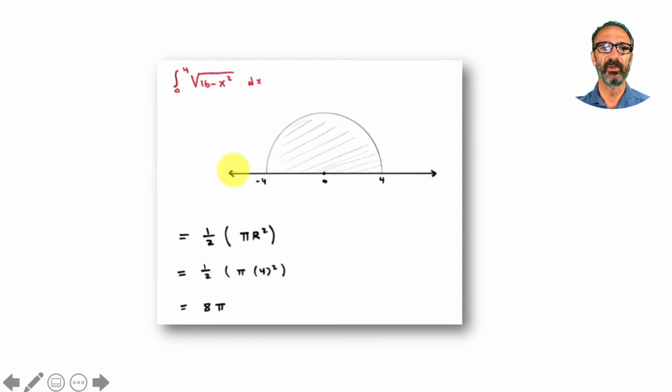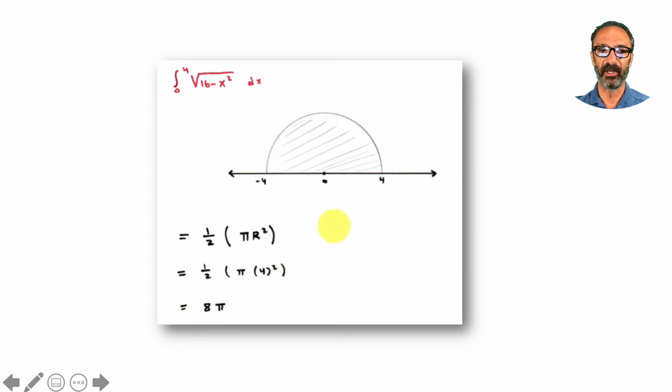But since you want half the circle, that should be half pi r squared, because we don't know yet how to integrate these. But if you know what this is asking, it's asking for the integral or the area under this type of graph. So half times pi r squared, which is 4 squared, do the math, it's 8 pi.